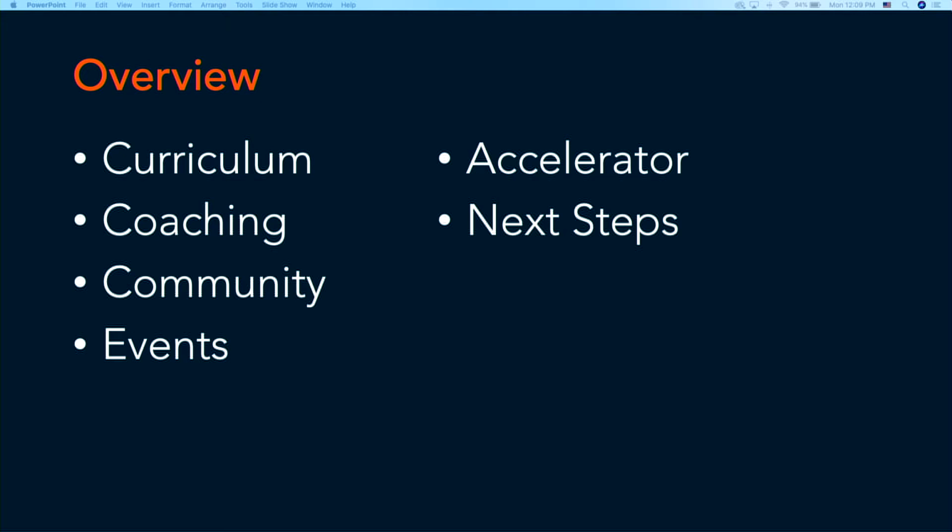And on the right side, we have the Accelerator, which is really the goal of the Startup Studio in the fall, to prepare you for our Student Startup Accelerator, which is an accredited course that's going to be offered in the spring to help you take the startup that you've created in the fall and really accelerate its growth, develop the business model, and ideally prepare an investor pitch for it. And then finally, as I mentioned, we'll be going over next steps. What are the things that you can do this afternoon to start acting on the advice and information that I'm going to be giving you today?